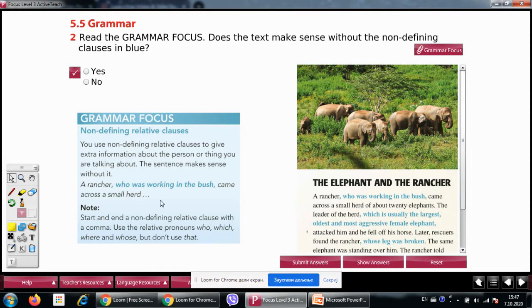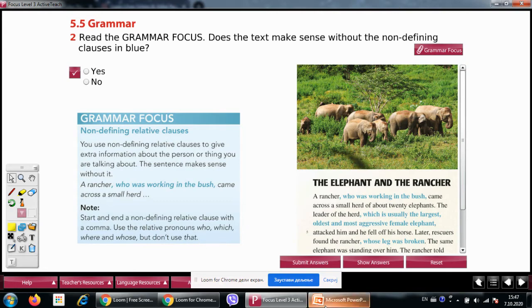Start and end a non-defining relative clause with a comma. So here we have a comma at the beginning and at the end. Use the relative pronouns who, which, where, and whose, but don't use that. So we use that in defining relative clauses.